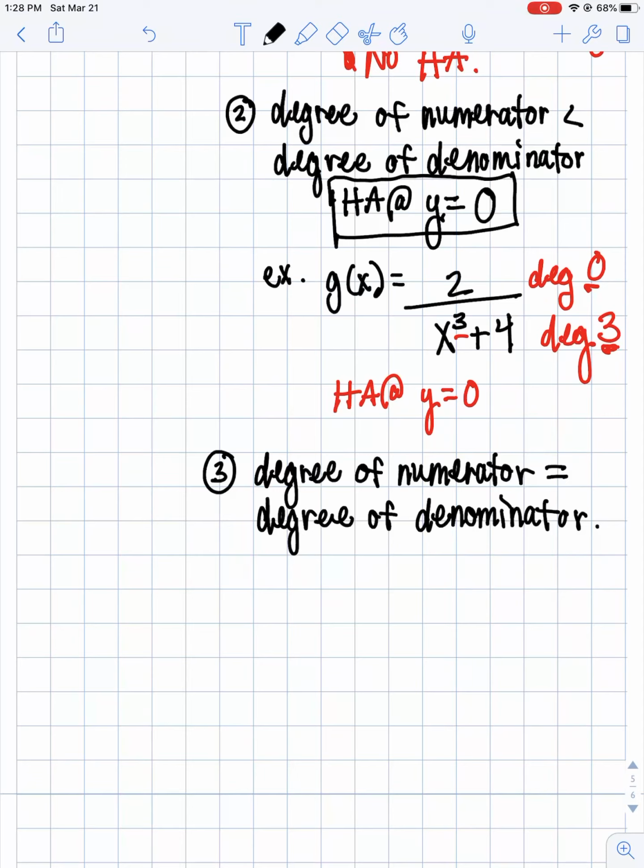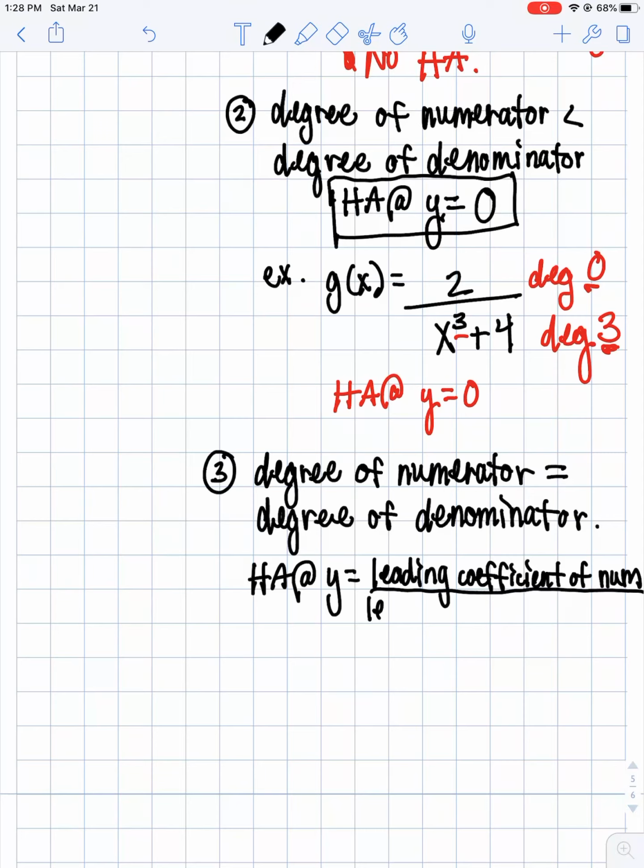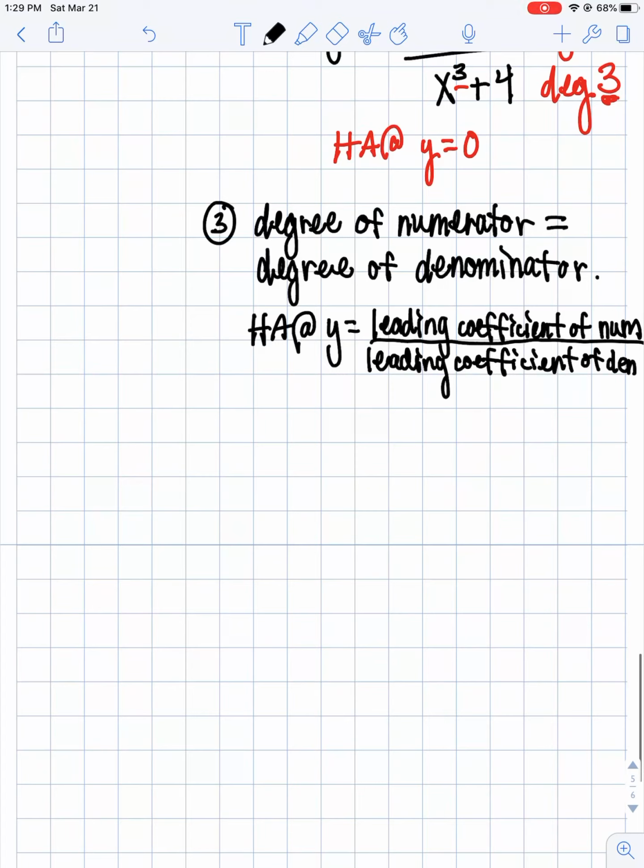Okay, and so there is a horizontal asymptote in these problems. There's a horizontal asymptote at y equals the leading coefficient of the numerator, I'm shorthanding because I'm running out of room, divided by the leading coefficient of the denominator.